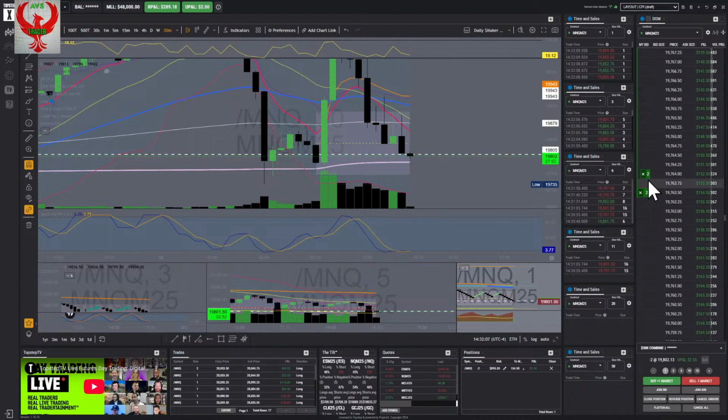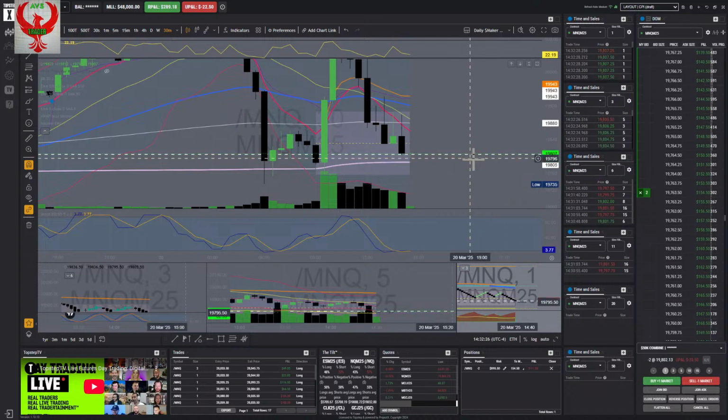That's pretty damn close too to the 50% retracement from low to high off of the 30-minute, going all the way down from like 19,347 up to 20,164. 50% is 19,756, and that looks very doable.